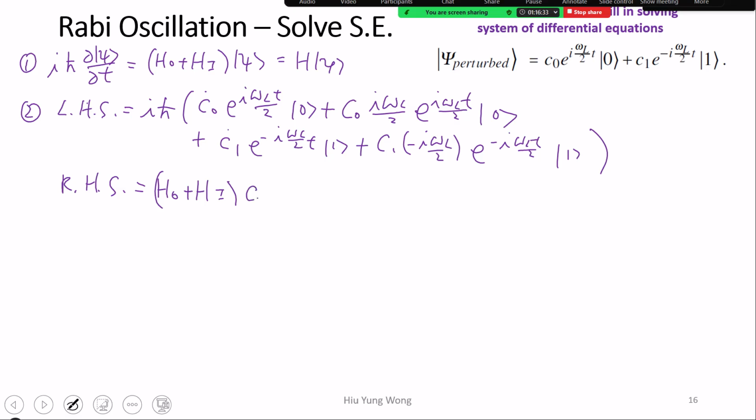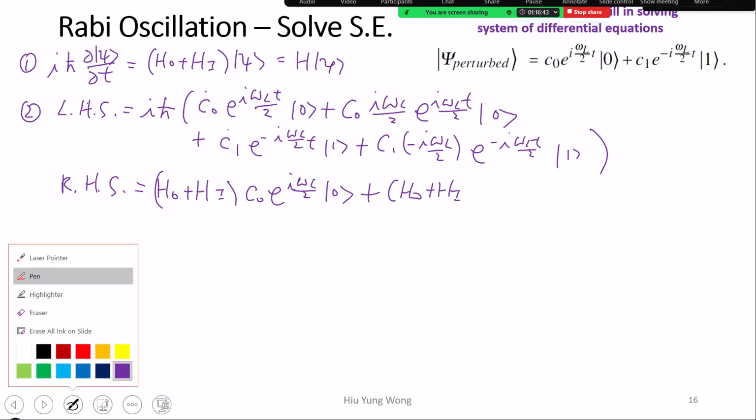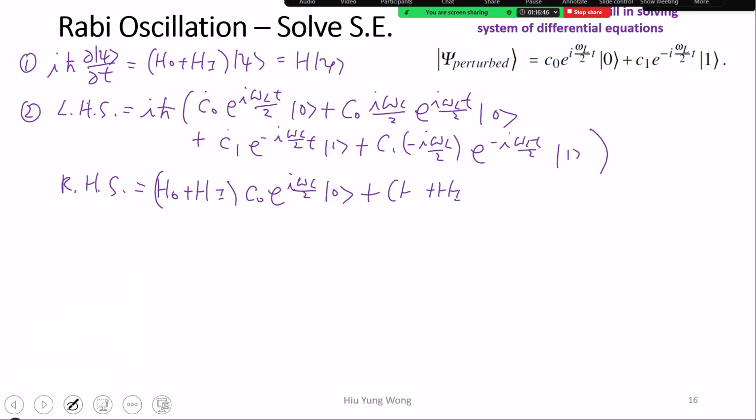So I will just write out (H0 plus HI) times C0 e to the power i ω_L t divided by 2 |0⟩, plus (H0 plus HI) times C1 e to the power negative i ω_L t divided by 2 |1⟩. Oh, I missed the t here. Right? I did not do anything. What I'm doing is that this operator applies to ψ, right? So I just copy ψ and then use the distributive law. Is that okay?